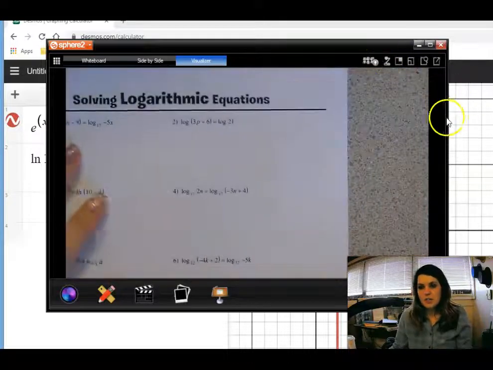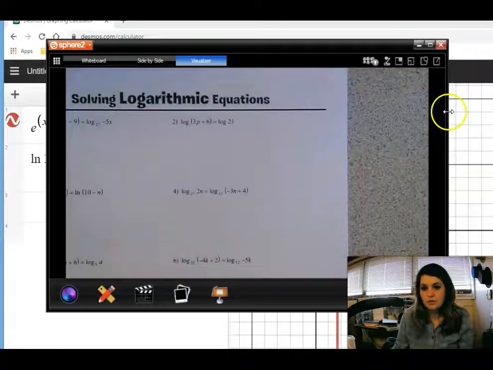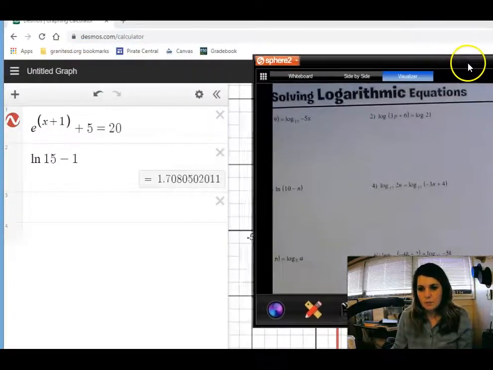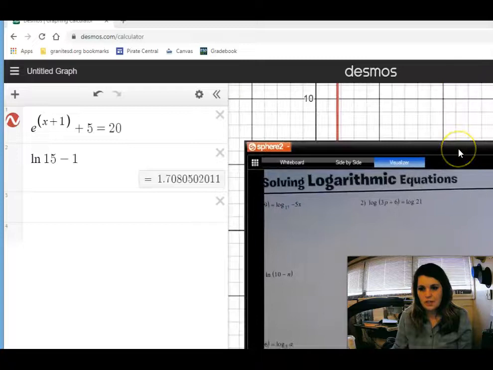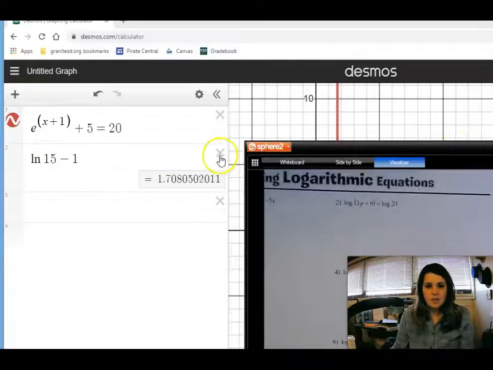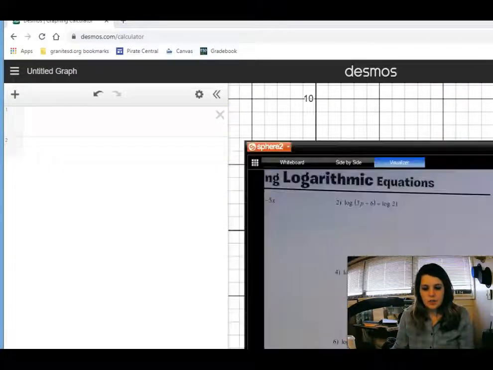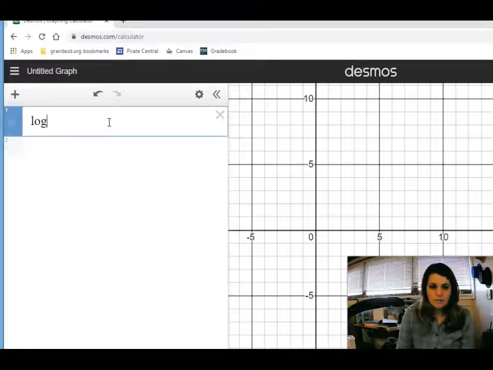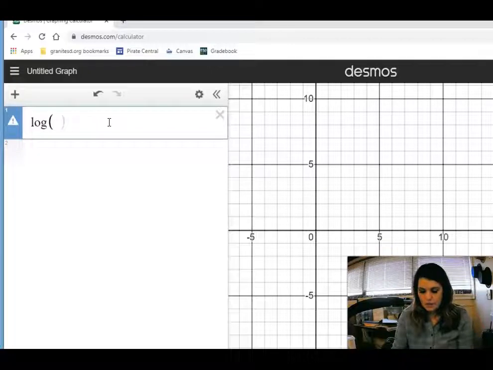So I'm actually going to plug in number 2 first. I'm going to plug in number 2 to Desmos. I'm going to try to just move this slightly out of the way. So I am going to type in log, just L-O-G, parenthesis, 3.